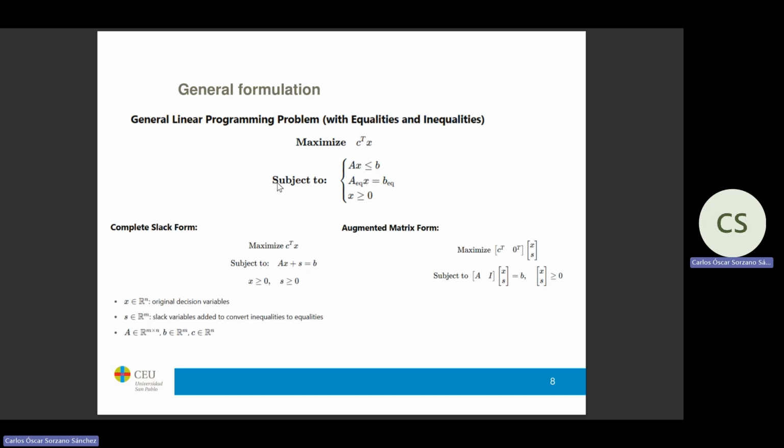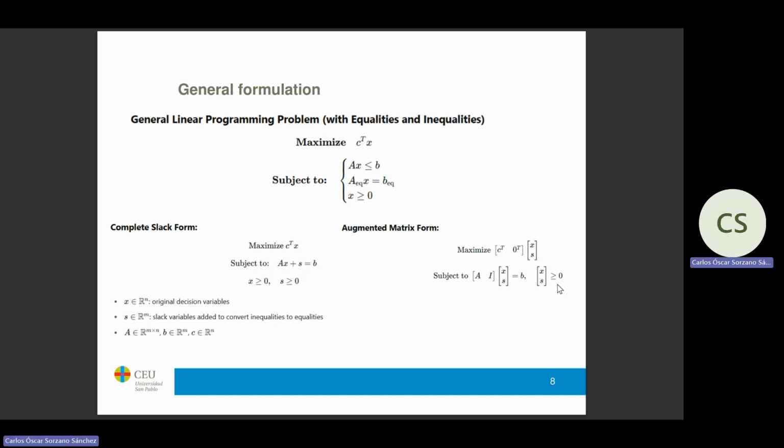And we already learned last week to add slack variables so that we can convert all the inequality constraints into equality ones, simply by adding some slack variables that account for the difference. So at the end, you can put everything into equality constraints. And then there is a matrix form of that. In the matrix form, you see now our unknowns are X and S, but the goal function is only using X. So the coefficient multiplying S has to be 0.